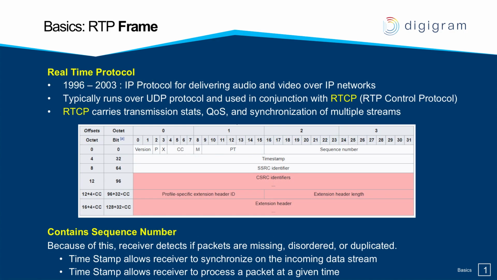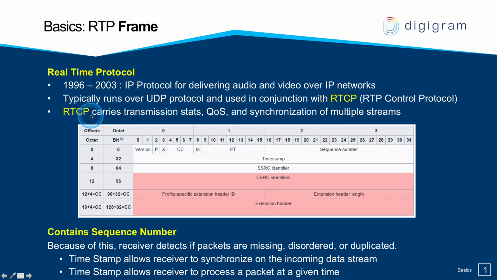So fast forward into the mid-90s, and we get into this idea of RTP. You will run into this terminology. This is why we talk about this, so everybody understands. From 96 to 2003, this was an IP protocol that was developed for delivering audio and video over IP networks. It runs over the UDP protocol, and it's used in conjunction with something called RTCP, which is a control protocol.